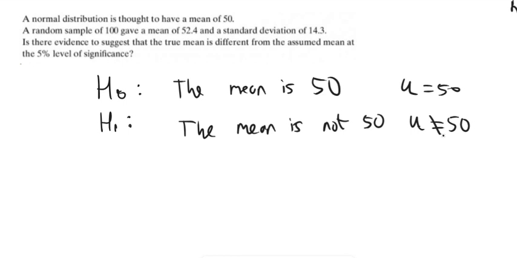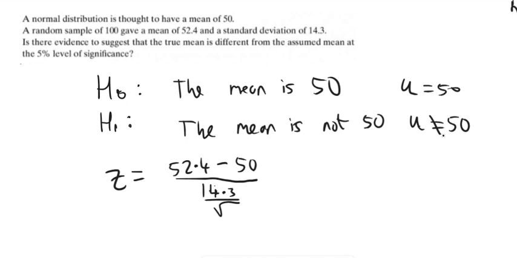Our test statistic then: z is equal to x bar, and the mean of the sample is 52.4, so we put that in for x bar, take away mu, which is 50, all over the standard deviation, 14.8, over root 100, since the sample size was 100.